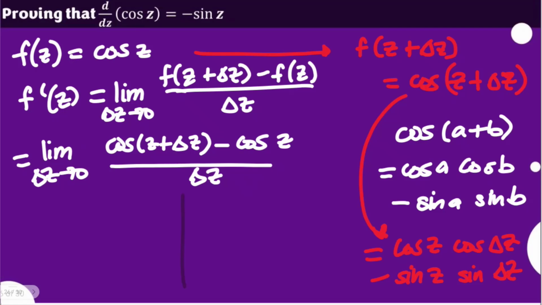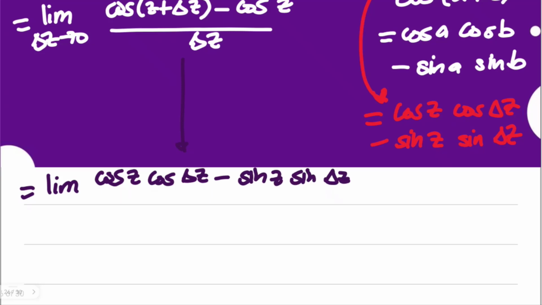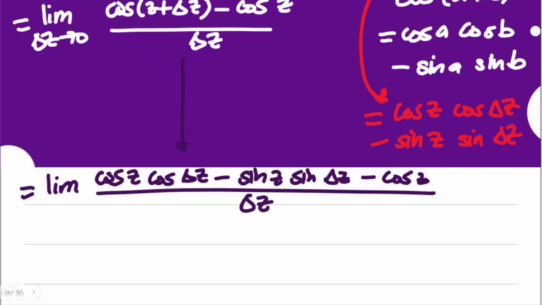So I would like to move down because we have fewer spaces. This is now equivalent to the limit of its equivalent form, the sum formula for cosine. You will have here cosine z, cosine delta z minus sine of z, sine of delta z, and we still have this one here, don't forget about that, minus cosine of z all over delta z as delta z approaches 0.